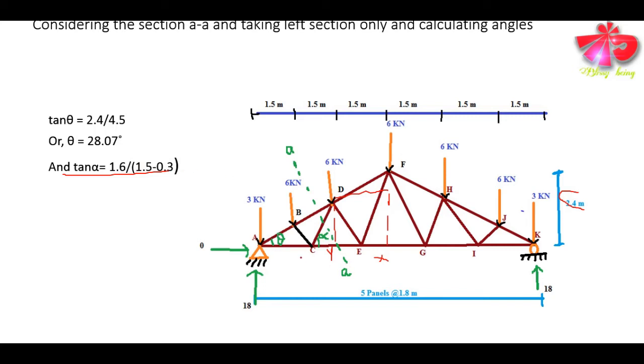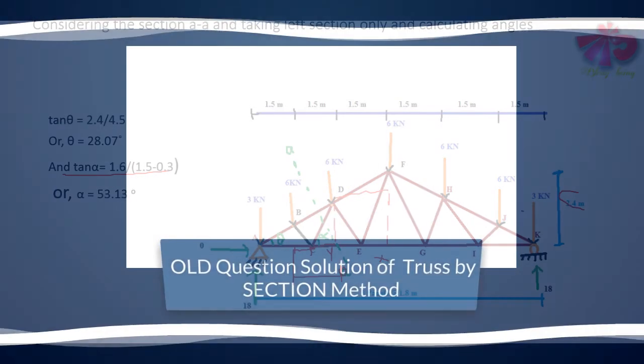The base distance is 1.5 meters, given in the figure, minus this small distance 0.3, so the base comes out to be 1.2. So we can easily find the value of angle alpha as 53.13 degree.